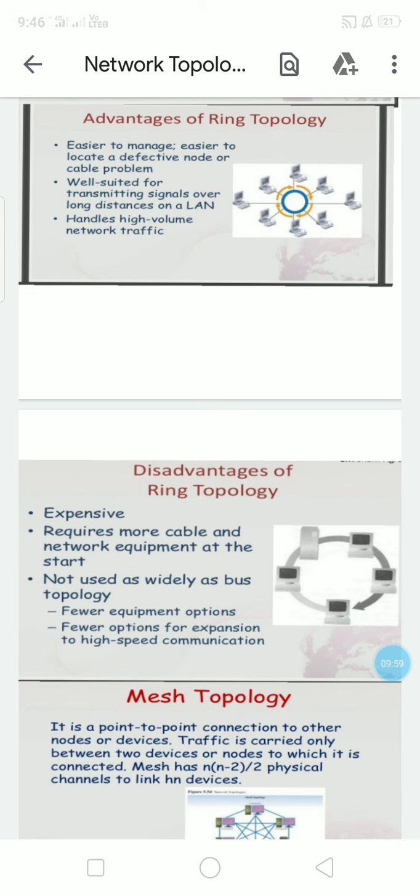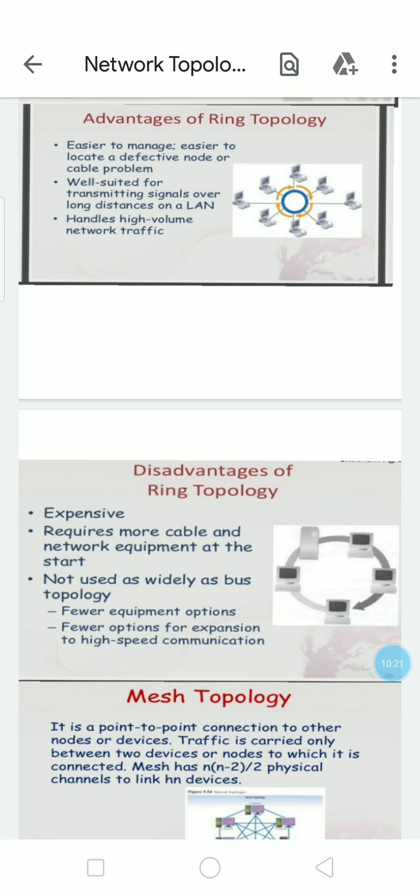Now, the next topology is a mesh topology. Mesh topology is an arrangement of the network in which the computers are interconnected with each other through various redundant connections.